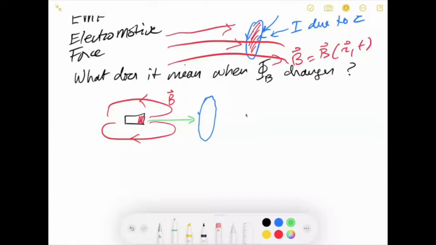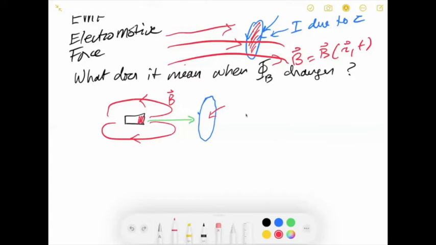In that sense, the field that is observed here and that is threading that loop is a function of time, because the field is stronger the closer you get to the magnet. And of course, if you pull the magnet through it, then the field reverses sign, but that's not the point. The point is that you can get a time-varying magnetic field this way.